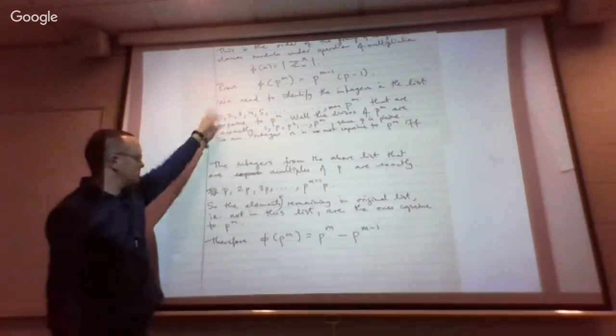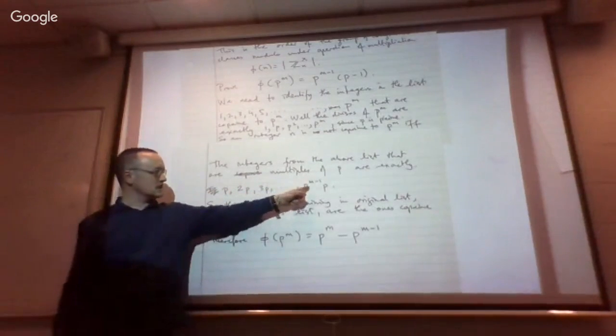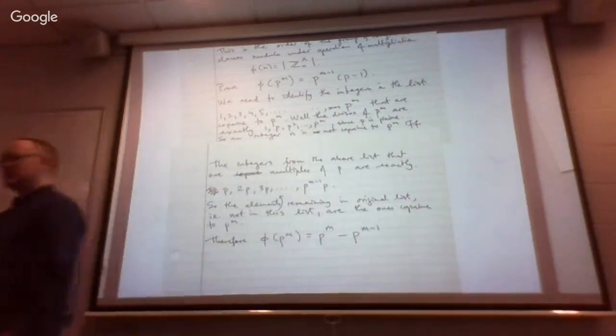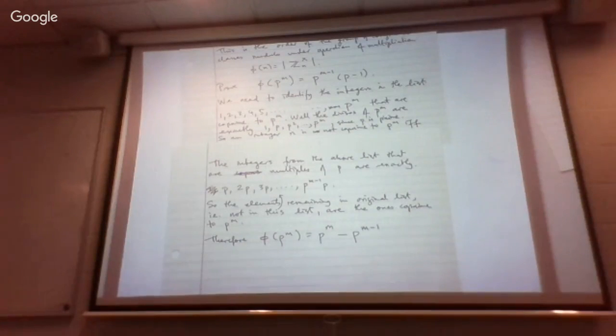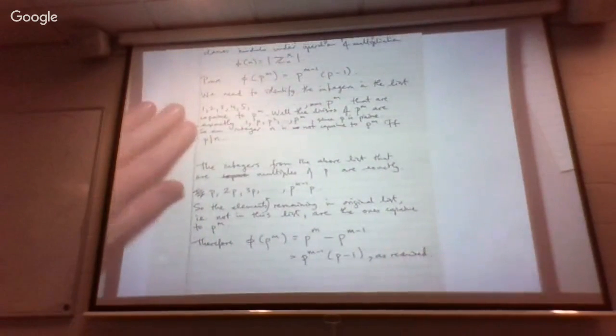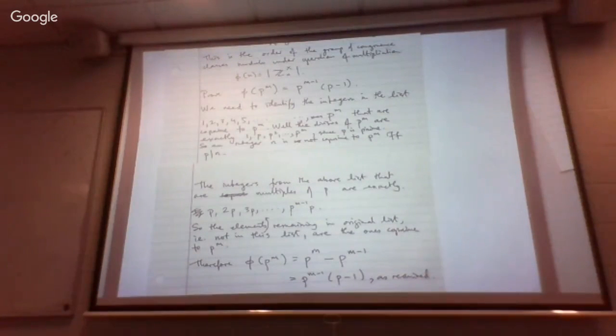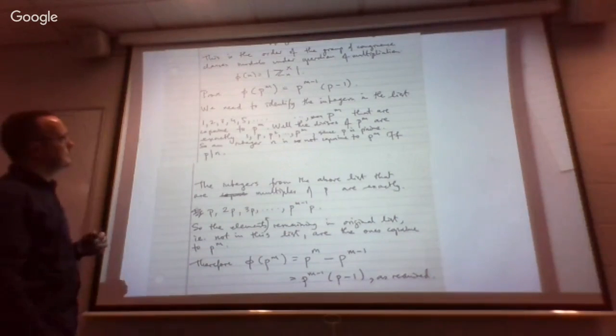So here they're counting themselves 1, 2, 3, 4, 5, 6, and it ends with p to the m minus 1. So p to the m minus 1 is the count of the number of things. That's the expression, and that factorizes as p to the m minus 1 times p minus 1, as required. So you see, it's not too hard. We're just basically describing that counting.